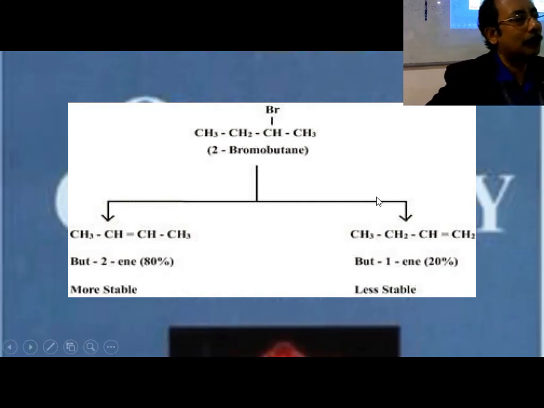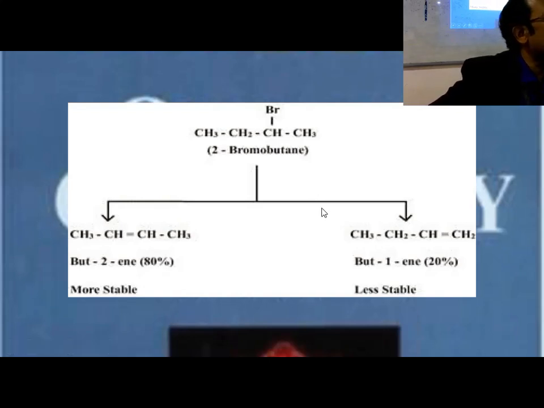Already I told you a few times about thermodynamically controlled product and kinetically controlled product. Here thermodynamics rules, because thermodynamics is telling that the more stable product should be formed, according to del G, del H, exothermicity and all. So if you follow that, this product is supposed to be formed, and it is forming more, 80% we are getting.